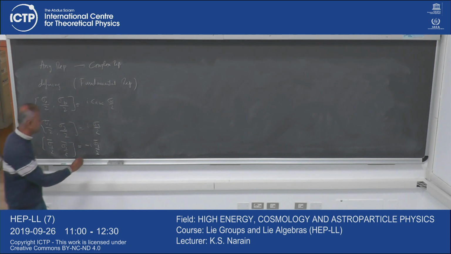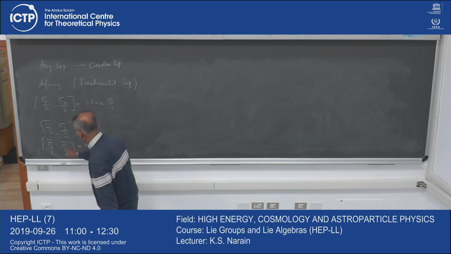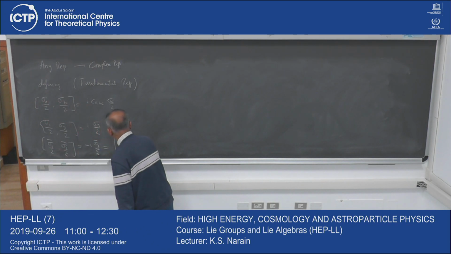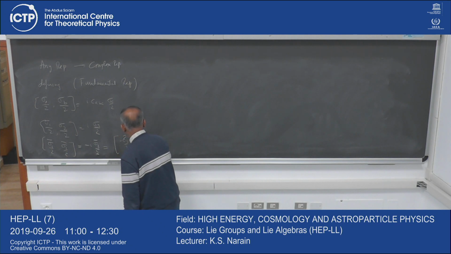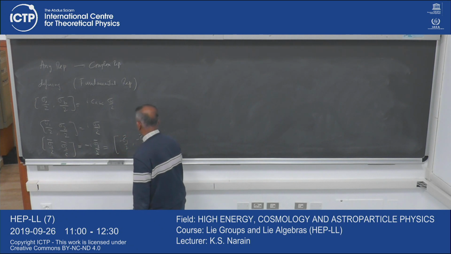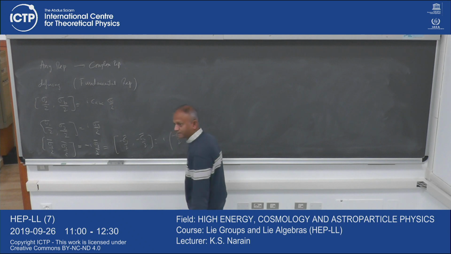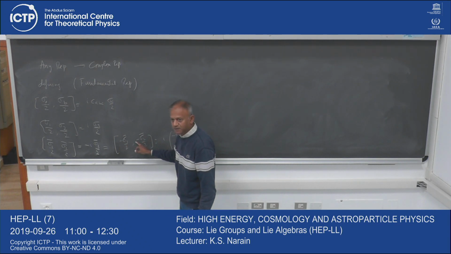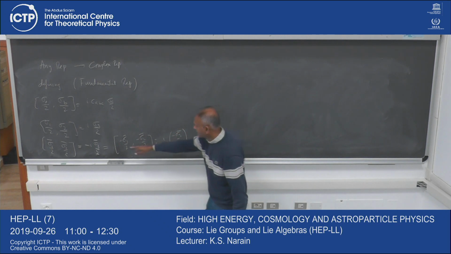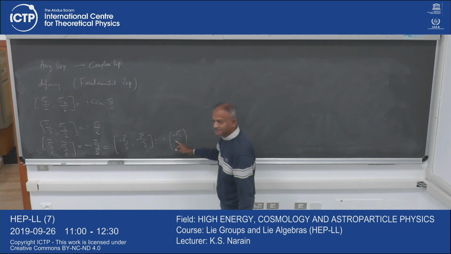But this minus i I can absorb in the following way. I define minus sigma 1 bar by 2, minus sigma 2 bar by 2; that's equal to i times minus sigma 3 bar by 2. This minus didn't do anything, because minus times minus is plus, and all I've done is put the minus inside.